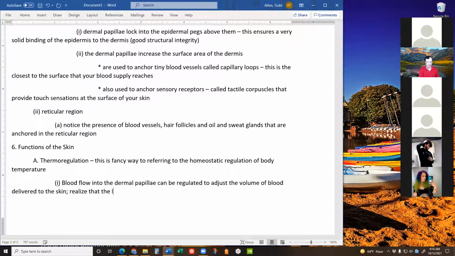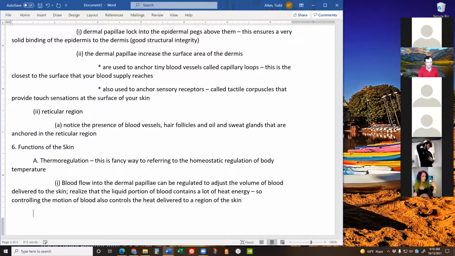Realize that the liquid portion of blood contains a lot of heat energy. So controlling the motion of blood also controls the heat delivered to a region of the skin. We also have sweat glands, right? We have sweat glands so that if we overheat, we can perspire and produce moisture droplets on the surface of our skin, which will evaporate.